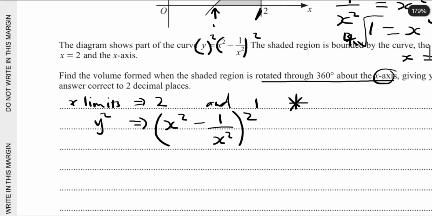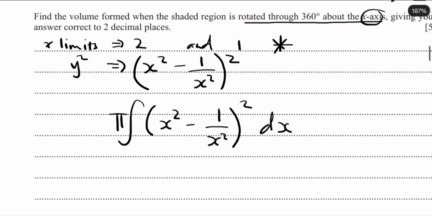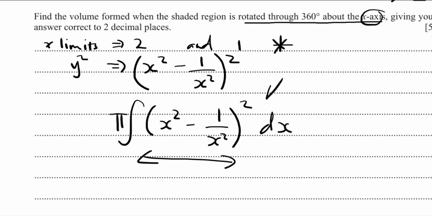So for volume, we know it's pi times the integral of x squared minus 1 over x squared, all squared, with respect to x. And for us to be able to integrate this, I would want to first expand this to make it easy to integrate.